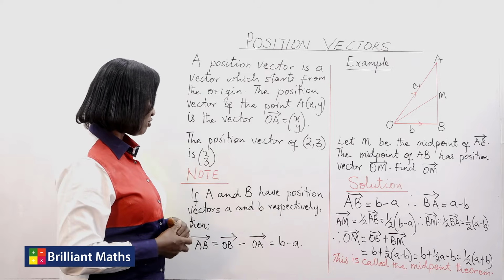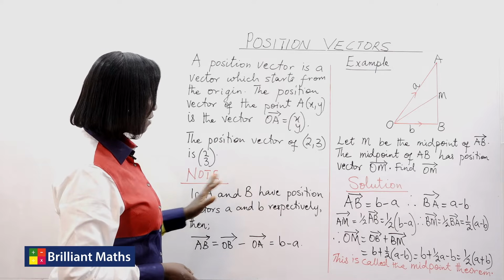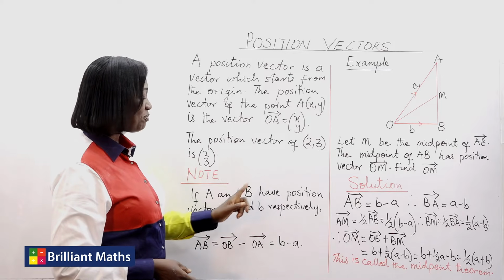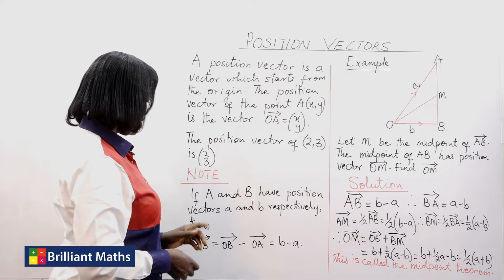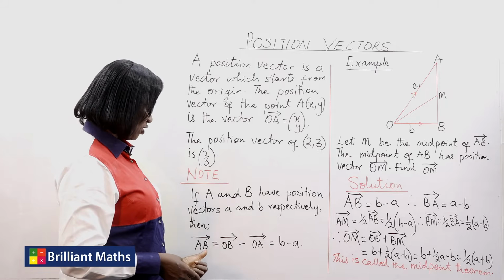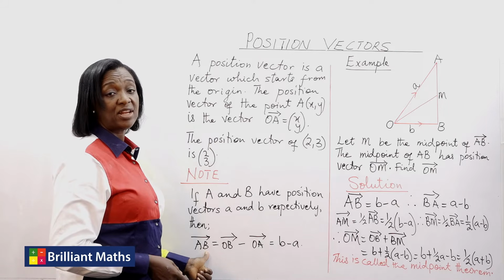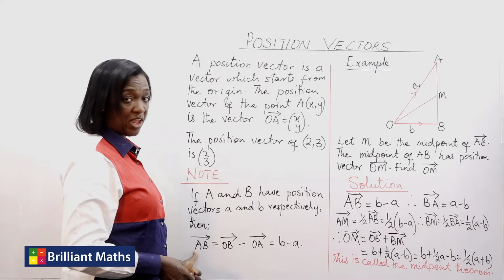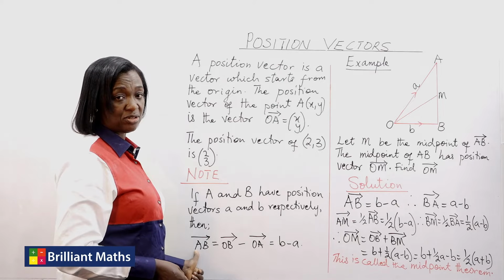It starts from the origin. So note, if A and B have position vectors A and B respectively, then AB is the position vector of B minus the position vector of A. Please take note of that.